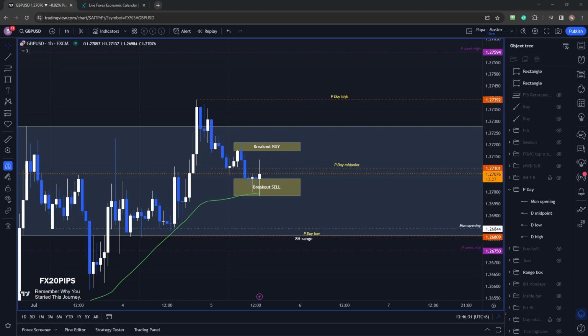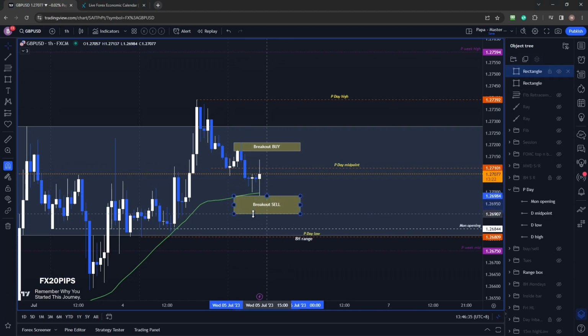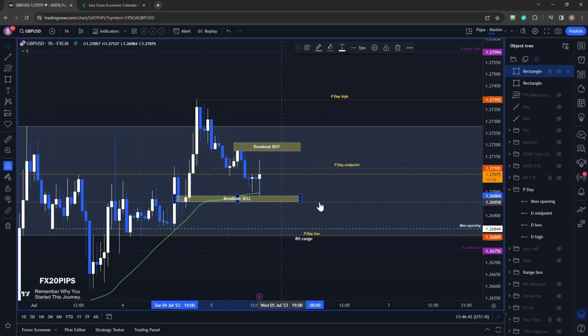All right, let's try out and have a look. So if I extend here, drag it here and push it here, just so you know, I'm using today's wick here and yesterday's wick here.